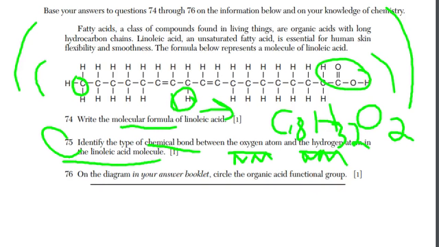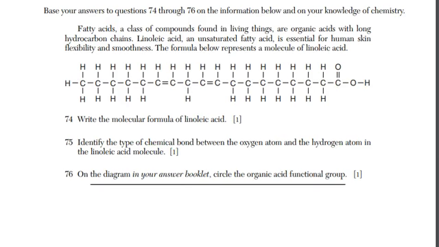All right, and 76, let me erase this. On your diagram in your answer booklet, circle the organic acid functional group. So if you don't know the organic acid functional group, or you're not sure, you're going to go back to the reference table. And of course, I'm going to circle it here on the test, but you would circle it in the booklet.